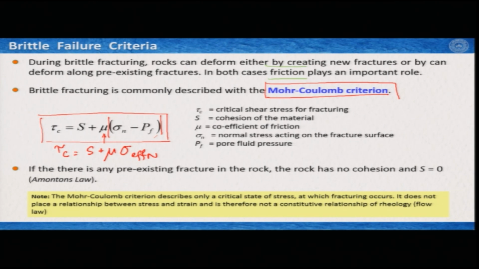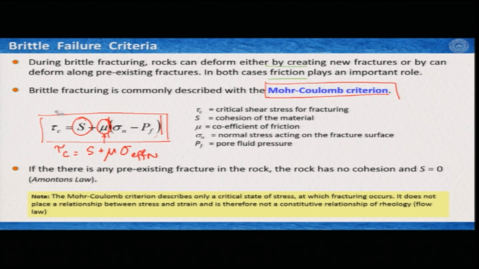Now, we will discuss these two terms, cohesion and friction, in the next slide, and in the slide after we will see how it works with different rocks. But cohesion is something; if you have some pre-existing fracturing in the rock, then there is no cohesion.